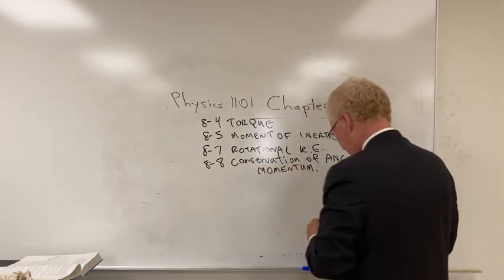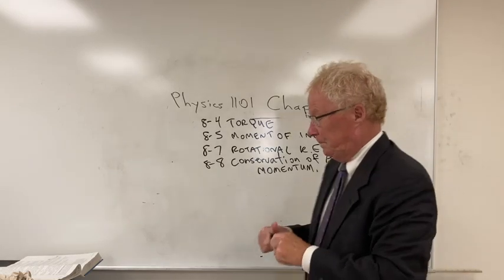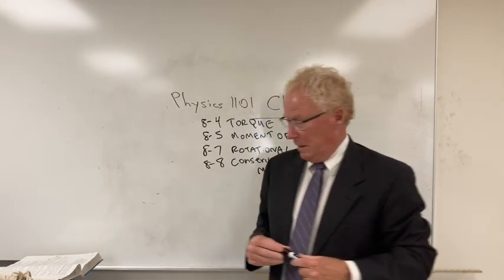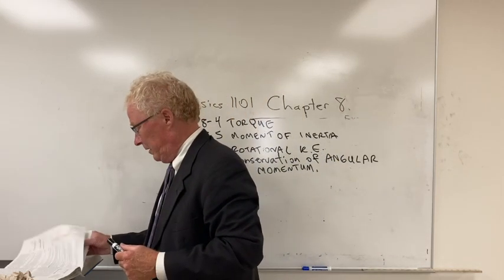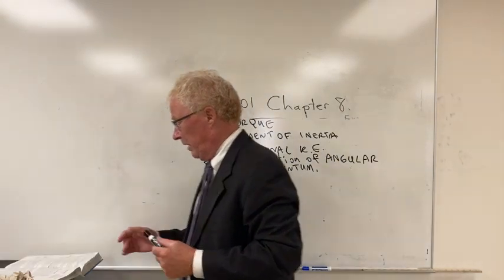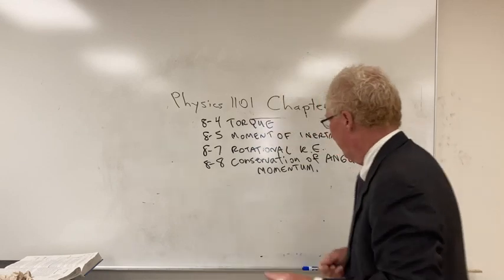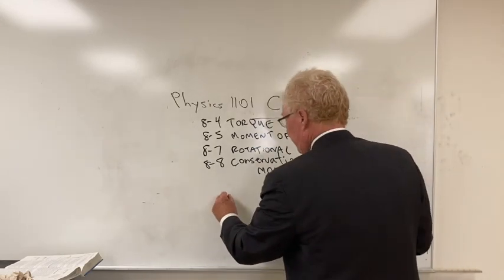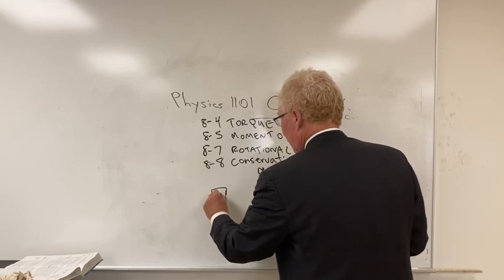Okay, so what we're going to do, starting here, again, this is part of the lab, is this concept of torque. What does torque mean? We know from earlier chapters, we have force.